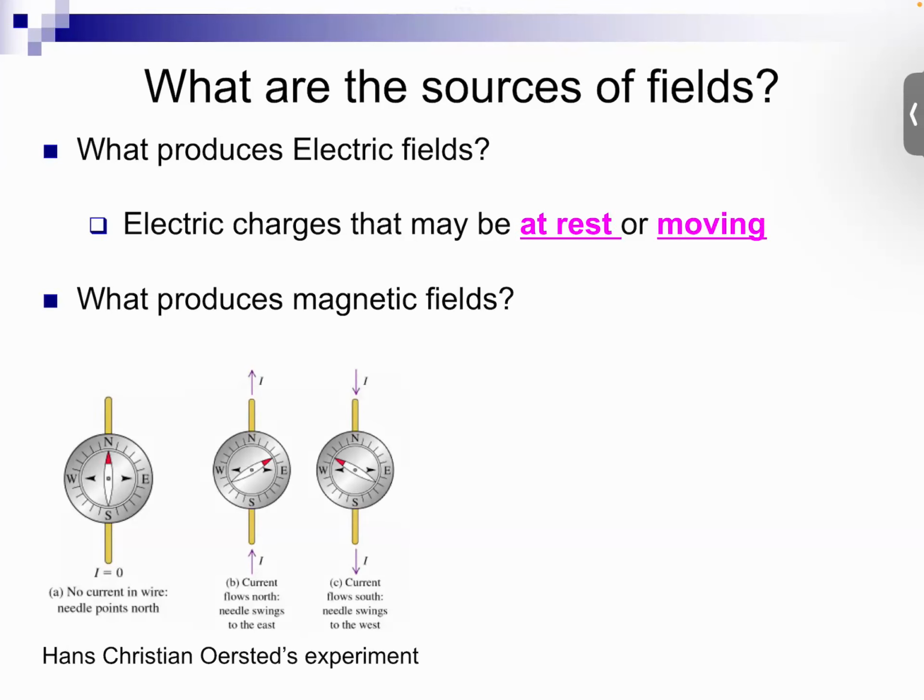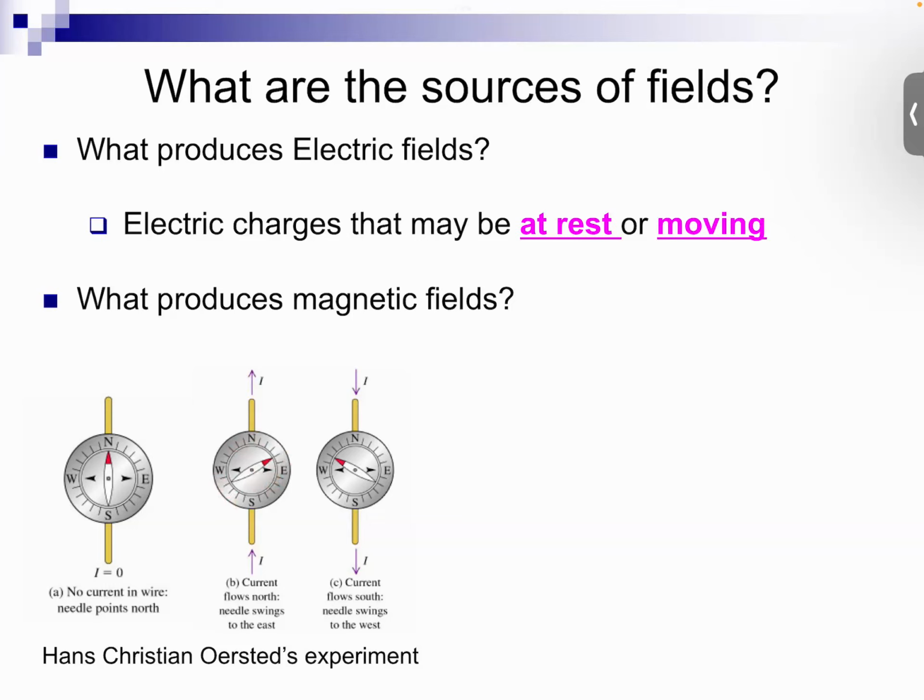Hans Christian Ørsted did an experiment where initially there was a wire and there was no current flowing through the wire. He placed the compass near that wire and nothing happened. But then when he turned on the current and so that current flowed through the wire where the compass was located, he noticed that the compass needle deflected, as you can see in this figure here.